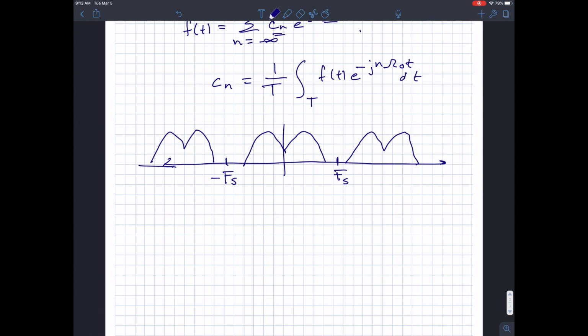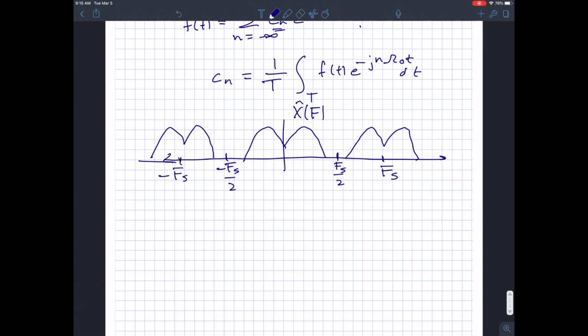I'm sorry, that's not right. This is Fs. This point is Fs over 2, minus Fs over 2, and minus Fs. So this is a periodic waveform. We're going to call that x hat of f. Once again, that x hat of f is periodic.